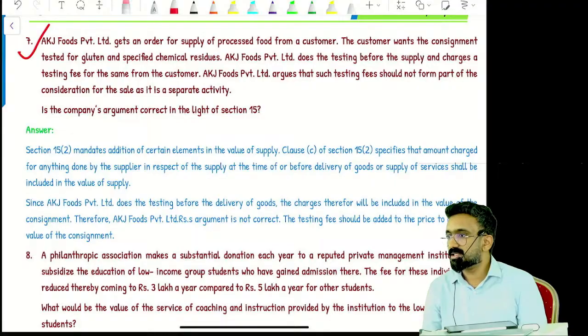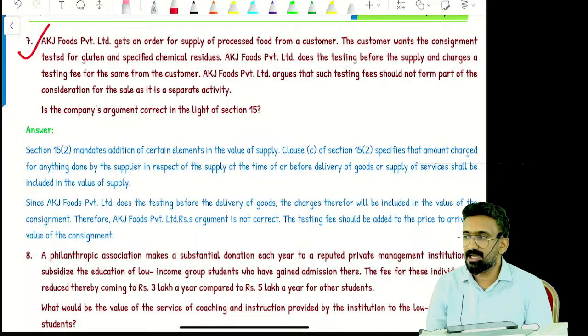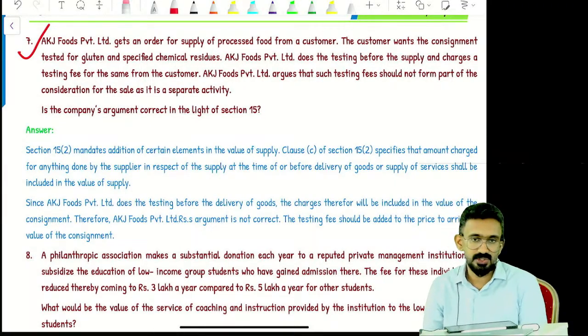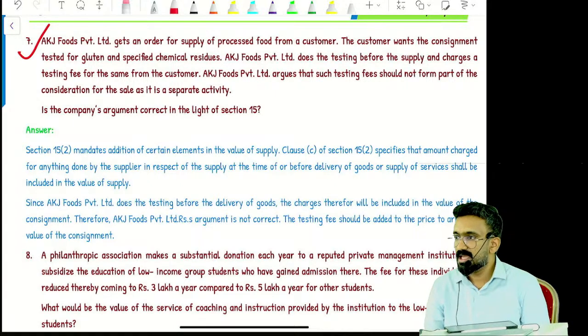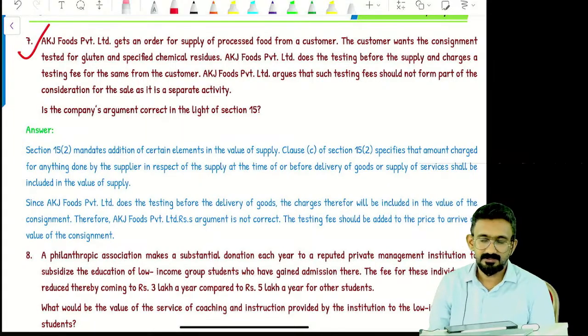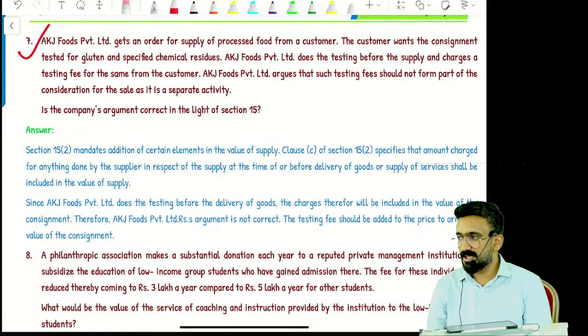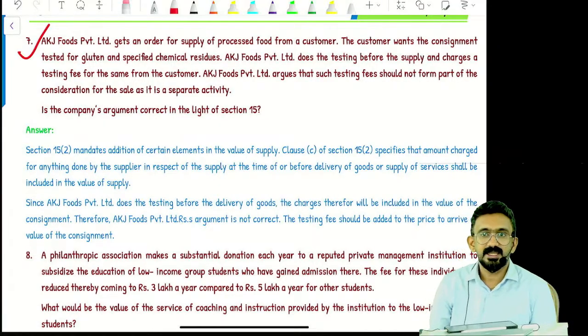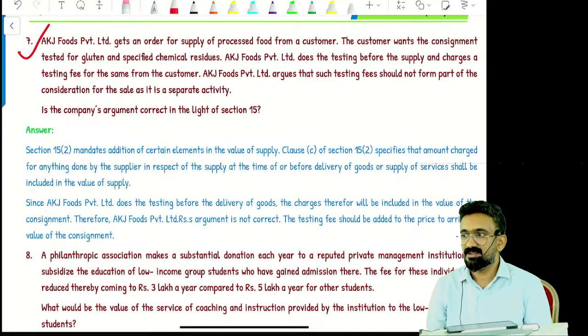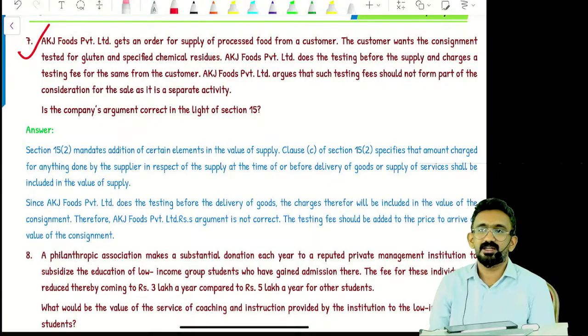The customer wants the consignment tested for gluten and specified chemical residue. AKJ Foods does the testing before supply and charges testing fees for the same from the customer. AKJ Foods argues that such testing fees should not form part of the consideration for the sale as it's a separate activity. Is the company's argument correct in the light of section 15?